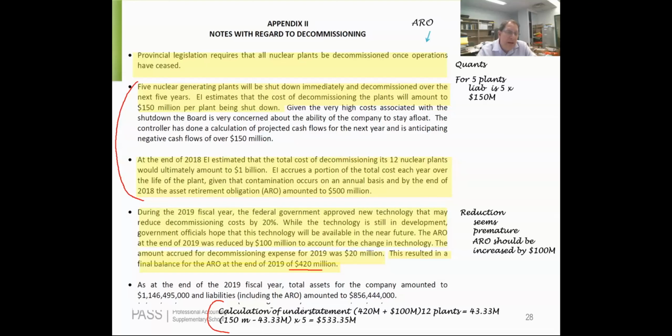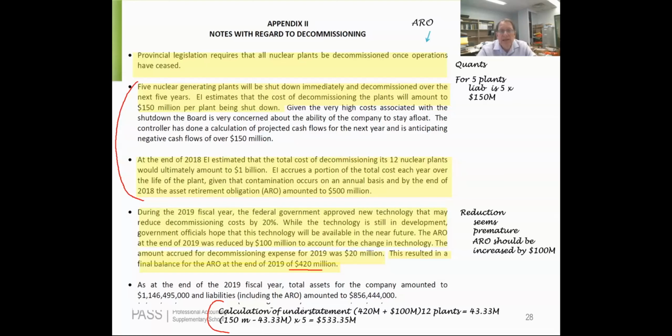Now, there were different ways to do this. You see, they started at $1 billion for 12 plants. Okay, fine. I don't know. Maybe that was right to begin with. But obviously, it hasn't worked out exactly because now I'm sitting on my balance sheet with a liability that is way lower. Last year, 500 million. This year, 420. And then in the next breath, you're telling me, no, we got to close 5 plants. Yeah, 750. Really? 750?